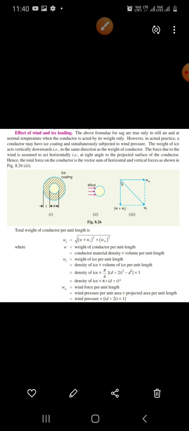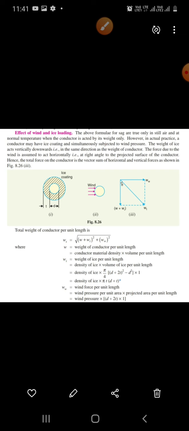Here w is the weight of the conductor per unit length, that is conductor material density into volume per unit length, and wi is the weight of ice per unit length, which is the density of ice into volume of ice per unit length, equal to density of ice into pi by 4 into (d plus 2t) whole square minus d square into 1, that is density of ice into pi t into (d plus t).